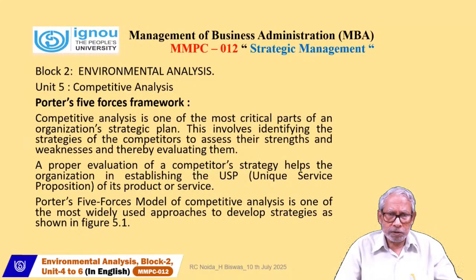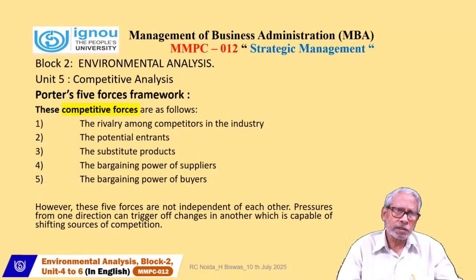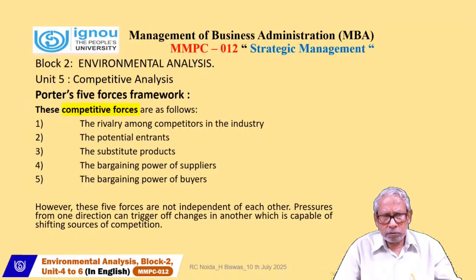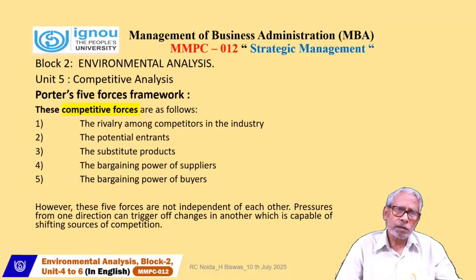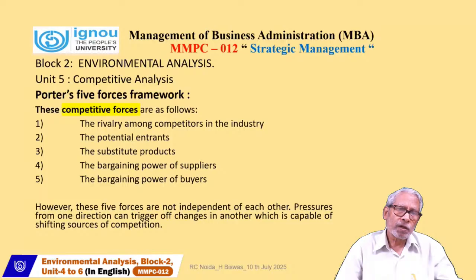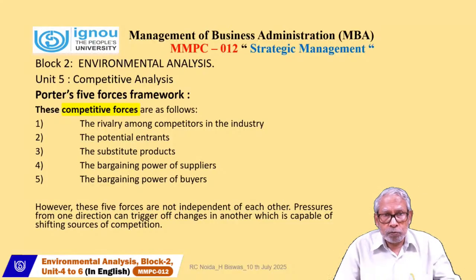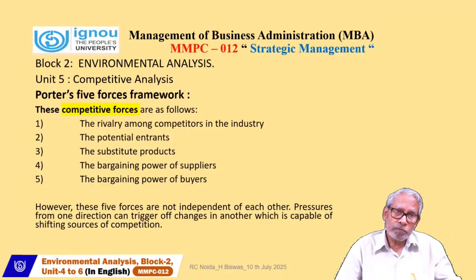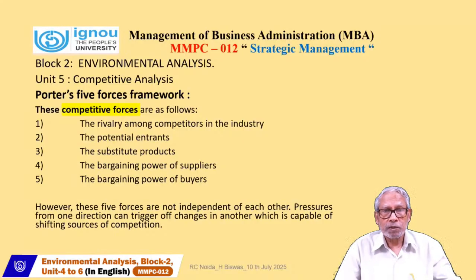Now, models, we have to discuss the Porter model. As per the figure given, there are rivals among the competitors in the industry, and potential entrants, what type of entrants are already potentially in the market, or maybe new entrants are coming. Then bargaining and substitute products, and the bargaining power of the suppliers is also important.